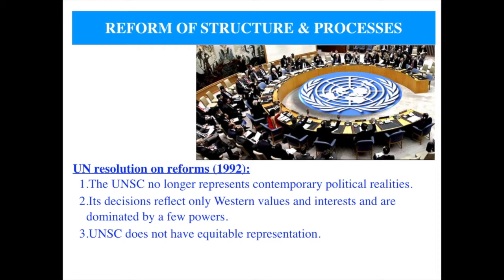And you know that these countries were the victors during World War II and the most powerful nations at that time, and they were nuclear states as well. So, on top of being permanent members, they also enjoy the veto power, which many feel is unfair considering the current situation of world politics. So they strongly felt for the restructuring of the United Nations Security Council.